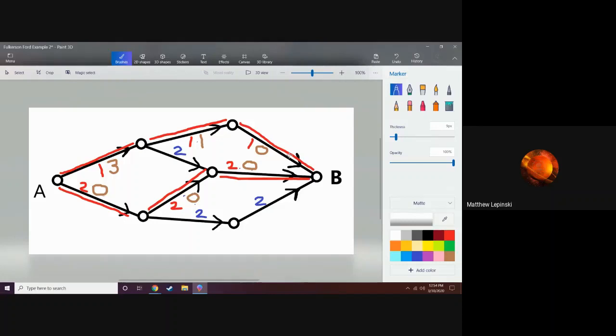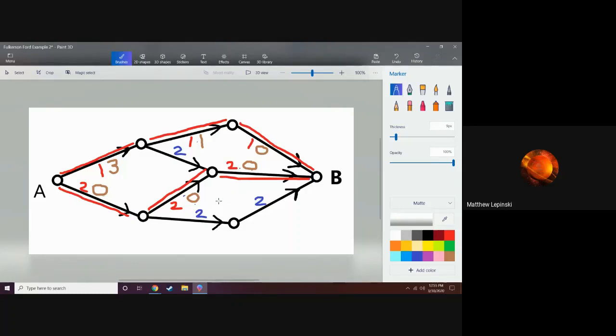The reason that we are constructing this residual graph is because we have edges that have been all used up, and we no longer want to think about them when we are looking for paths from A to B. It's just a bookkeeping way to keep track of how much empty capacity, or how many empty seats, or how many empty spots in the truck I have left everywhere in my graph.